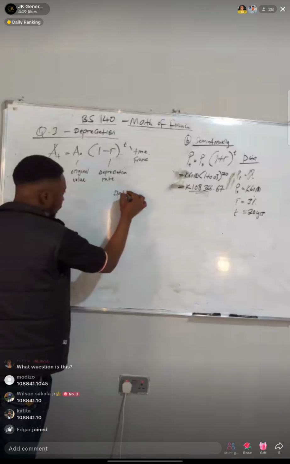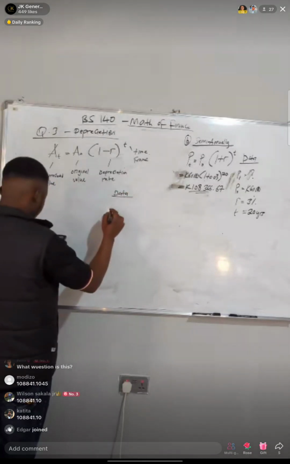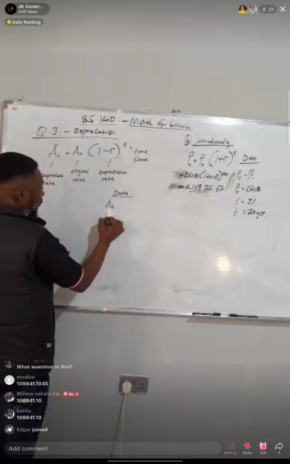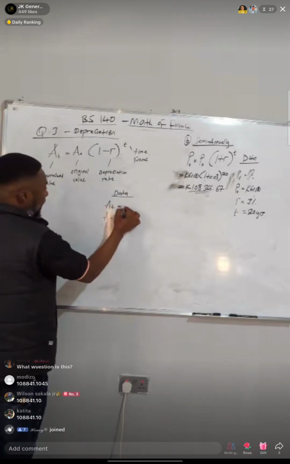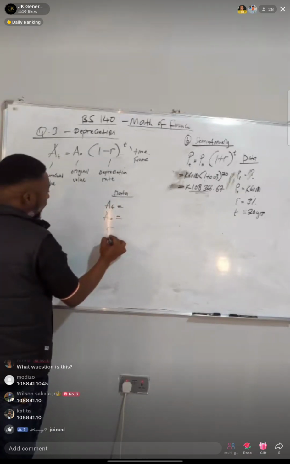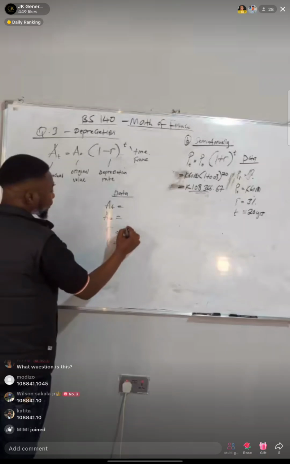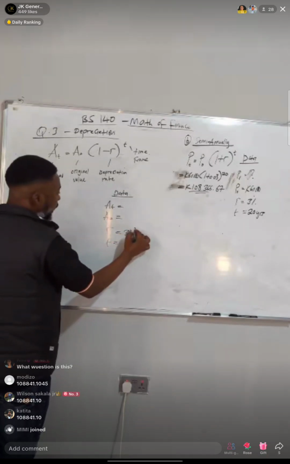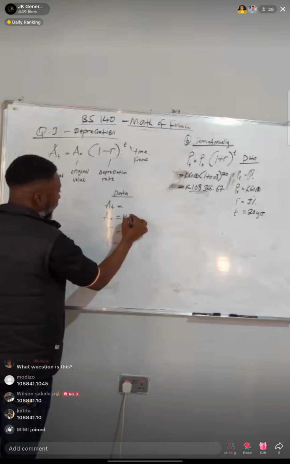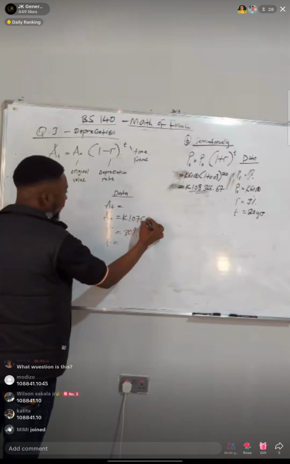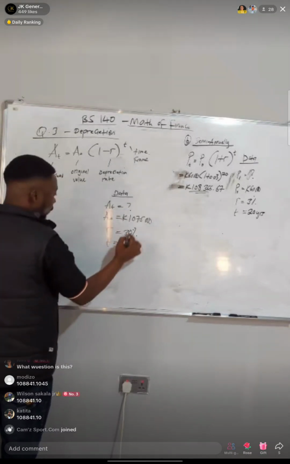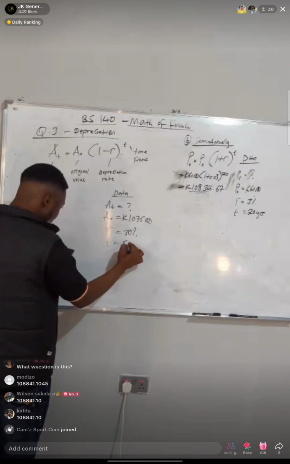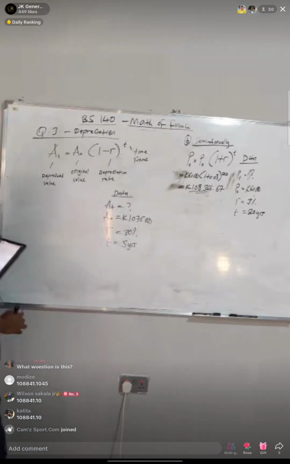We are starting soon. So under the data, our AT, our A0, our rate, and our time. Here we've got 30%. This one here is 1,075,000. This is what we're trying to find. The time frame we're told is 5 years.